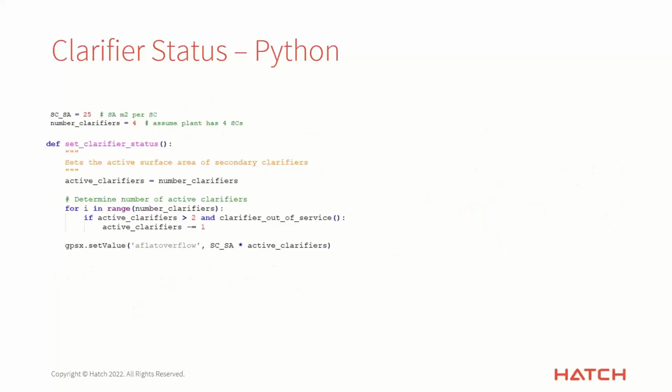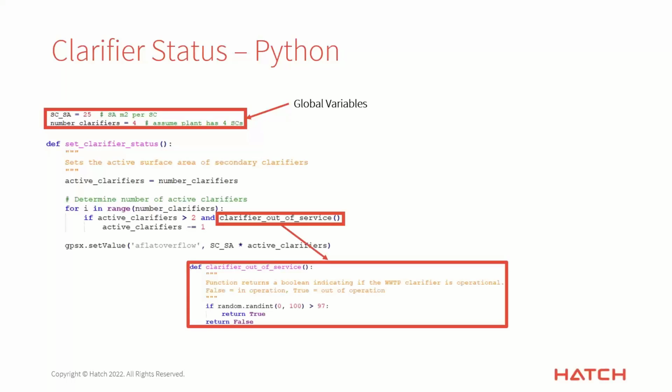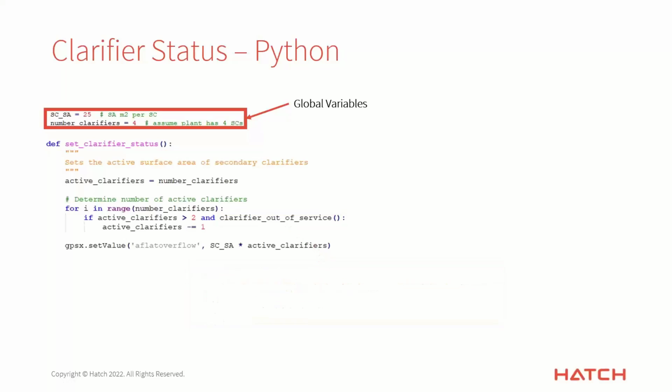So stepping into the Python implementation of this, we once again define a couple of global variables where we're saying what is the surface area of an individual tank, as well as the total number of secondary clarifiers that we have in our plant. We go into our custom set clarifier status function where we assign the number of active clarifiers, and then we loop through each of these clarifiers to independently assess if they are operational.